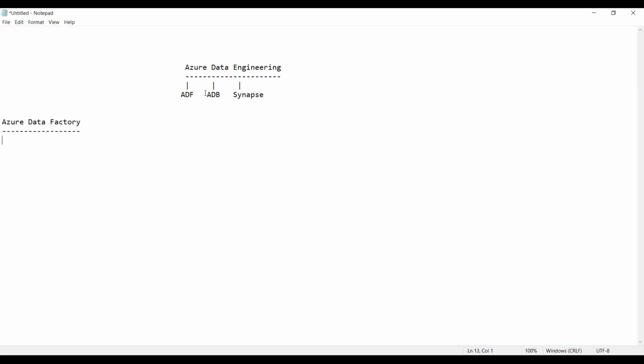Because I've already been using this, the Azure Databricks, and Azure Synapse Analytics. These are the 3 we have used: Azure Data Factory, Azure Databricks, and Azure Synapse Analytics. These are the 3 things we have, guys.